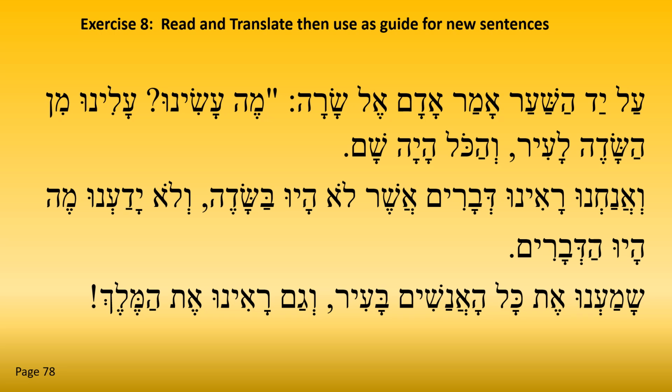Skipping exercise 7, which is another great exercise to practice matching the verb with the subject. Moving on to exercise 8 on page 78, where we're reading and translating the original sentences, and then we are rewriting them based on the original sentences, translating the English that is given to you in the book.